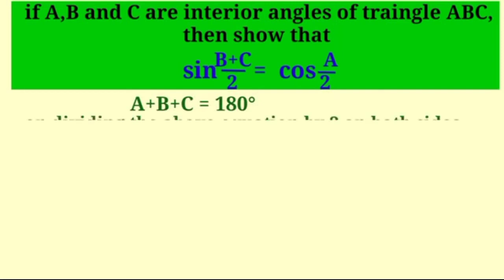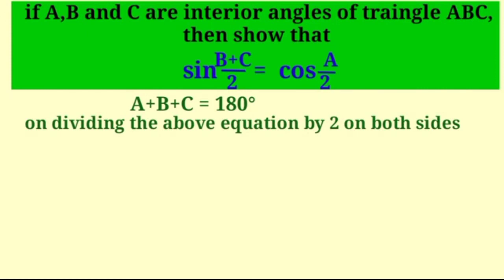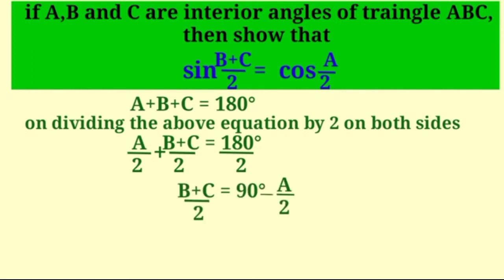So, on dividing the above equation by 2 on both sides, then we get A by 2 plus (B plus C) by 2 equal to 180 by 2. Now transpose A by 2. Then we get (B plus C) by 2 equal to 90 minus A by 2.